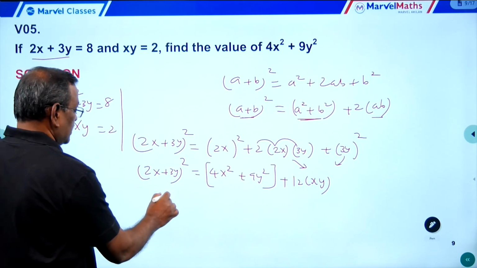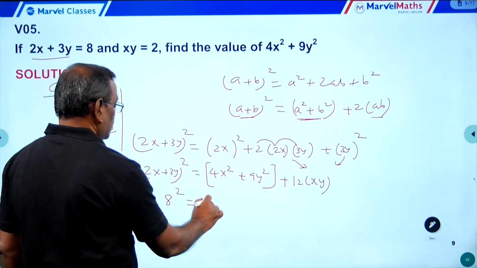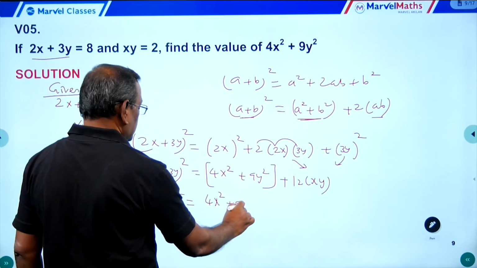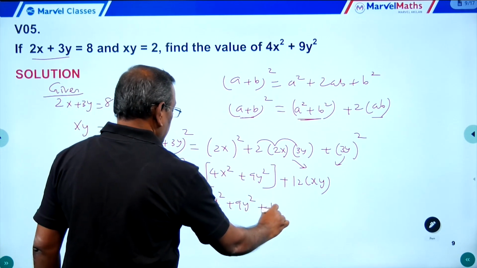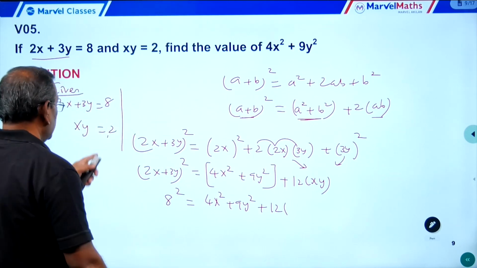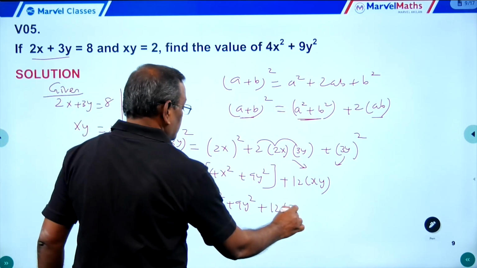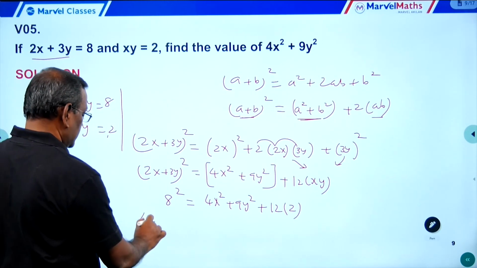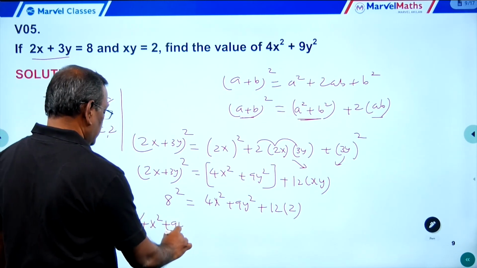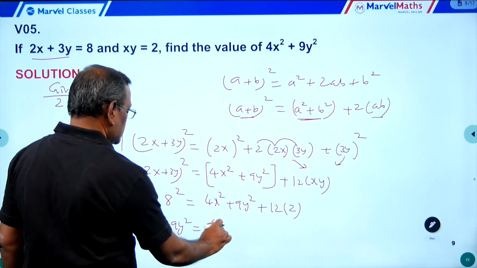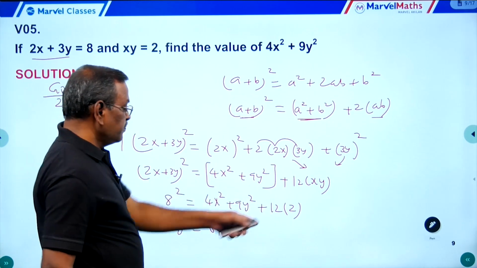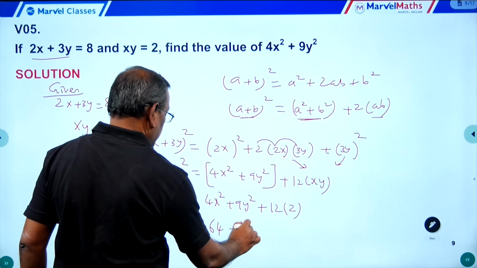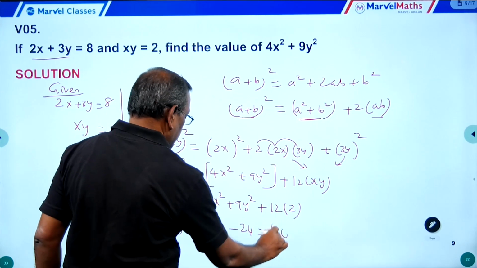This is 8 square equal to 4x square plus 9y square plus 12 into xy. What is xy? xy is given in the question, which is equal to 2. Now 4x square plus 9y square equal to 64 minus 12 into 2, 24, which is equal to 40.